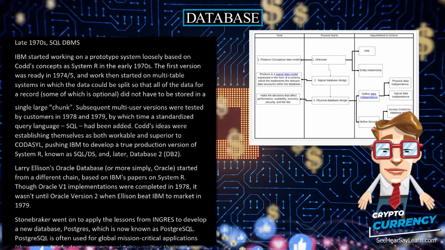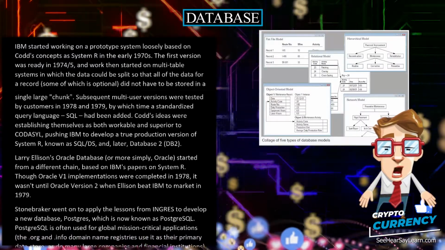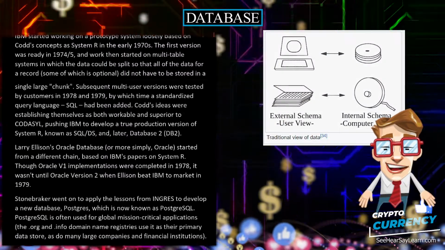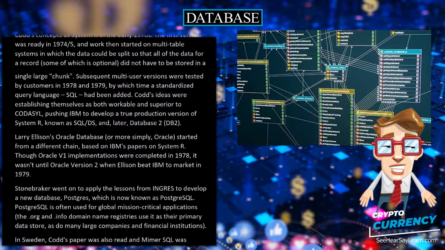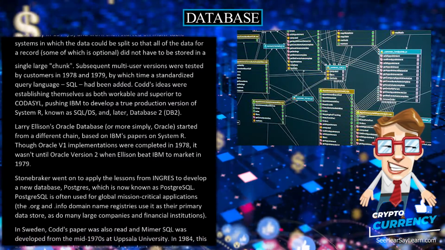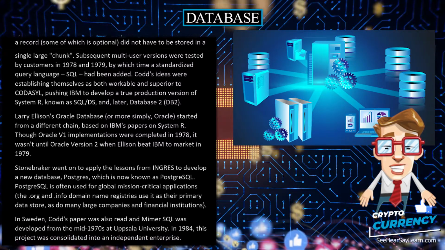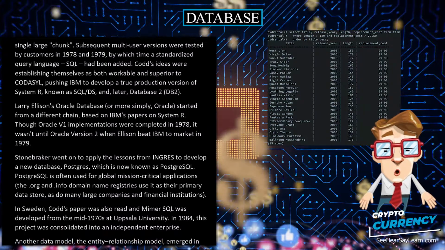Subsequent multi-user versions were tested by customers in 1978 and 1979, by which time a standardized query language, SQL, had been added. Codd's ideas were establishing themselves as both workable and superior to CODASYL, pushing IBM to develop a true production version of System R, known as SQL/DS, and, later, Database 2, DB2.